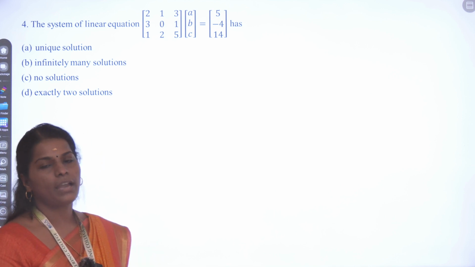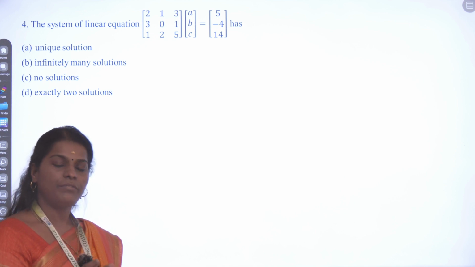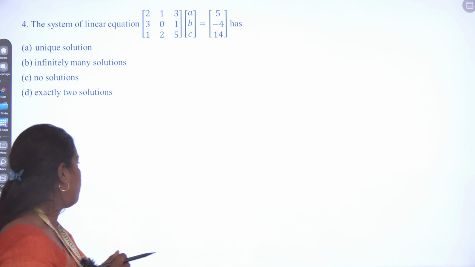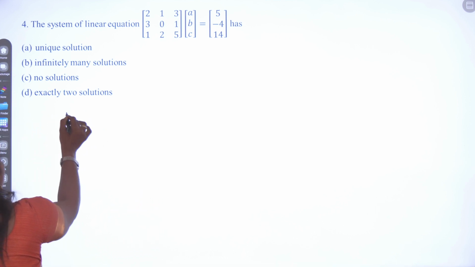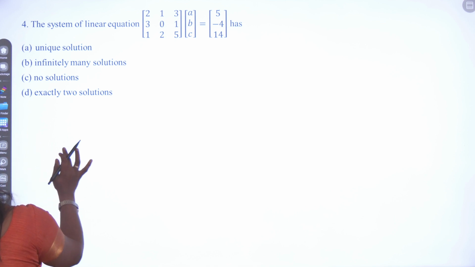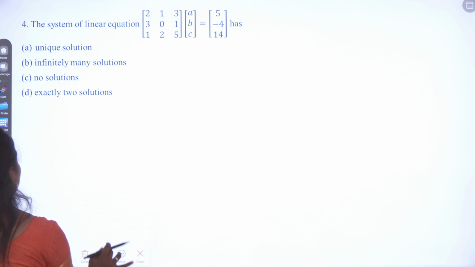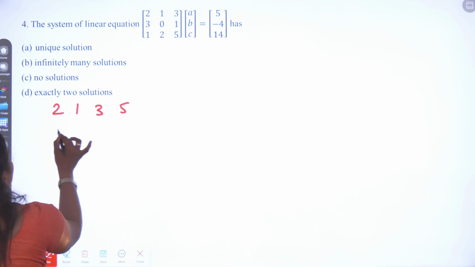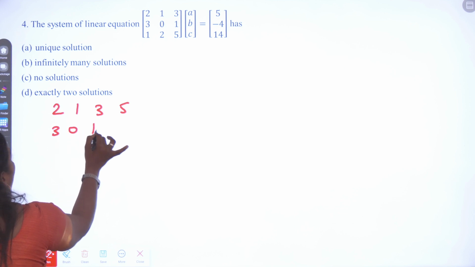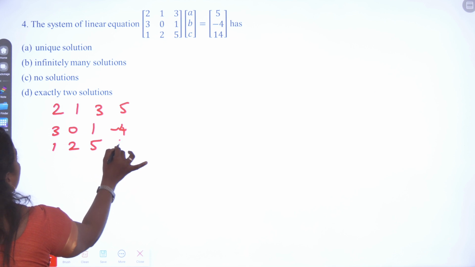And again here also we have to find the augmented matrix AB, and then convert that into row echelon form, considering the augmented matrix directly. So 2, 1, 3, 5, 3, 0, 1, minus 4, 1, 2, 5, 14.